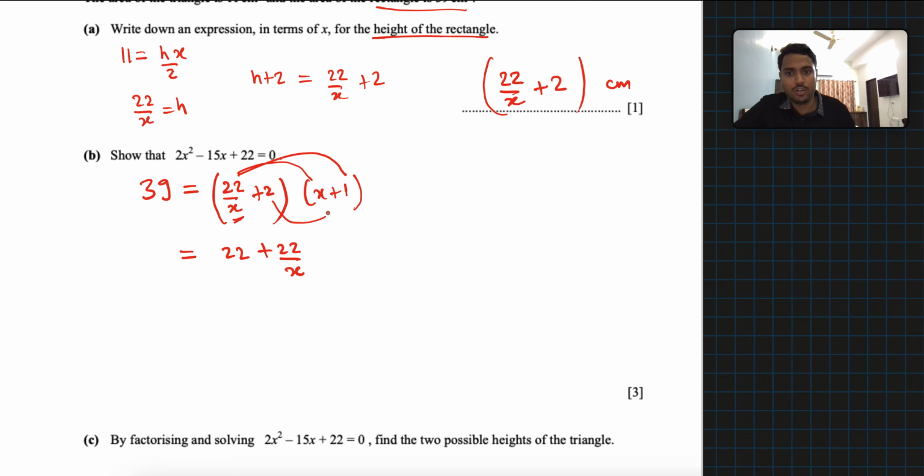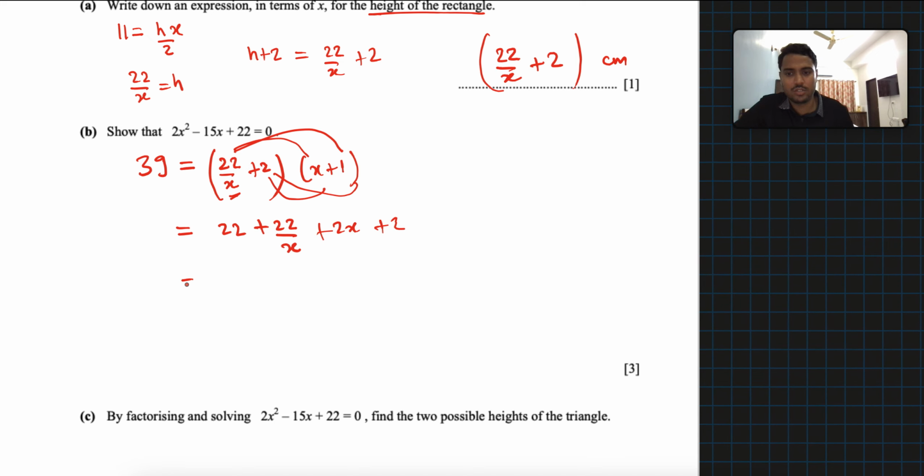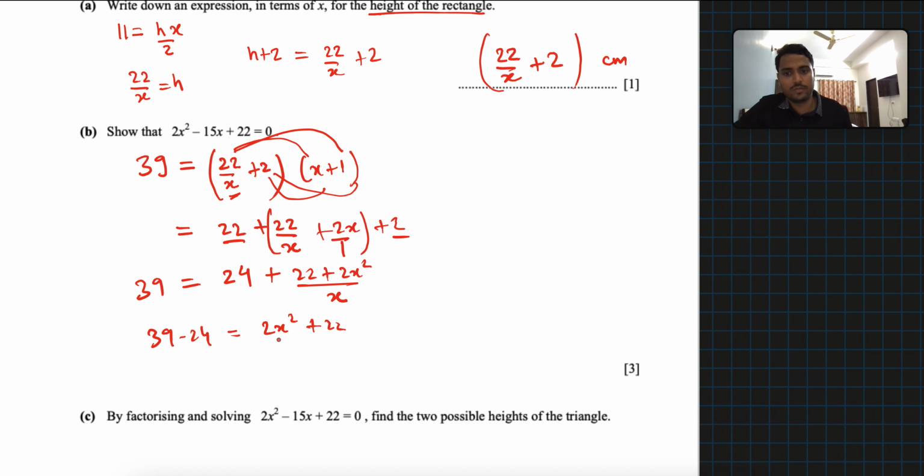So done with the first part. 2 into x is 2x, 2 into 1 is 2. So this 22 and 2 will be added, that is 24, plus here we have cross multiplication: 2x square over x plus 22 over x, and here we have 39. So 39 minus 24 equals 2x square plus 22 over x. 39 minus 24 is going to be 15, so 15 equals 2x square plus 22 over x.